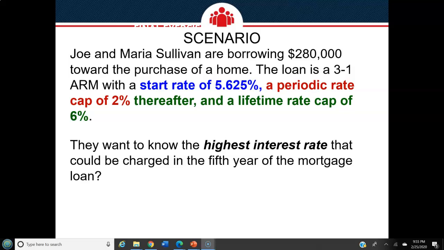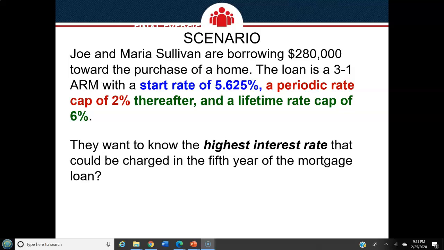So the loan is a 3-1 ARM with a start rate of 5.625%, a periodic rate cap of 2%, so the most it can increase periodically is 2%, thereafter a lifetime cap of 6%, so the most it can increase from where it started is 6%. They want to know the highest rate that they could be charged in the 5th year of the mortgage.